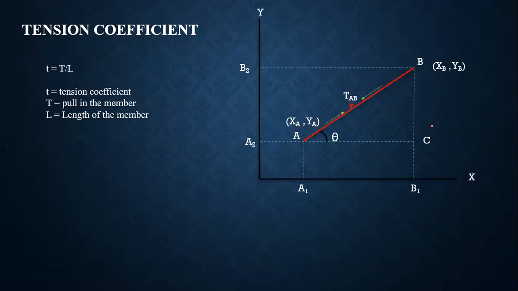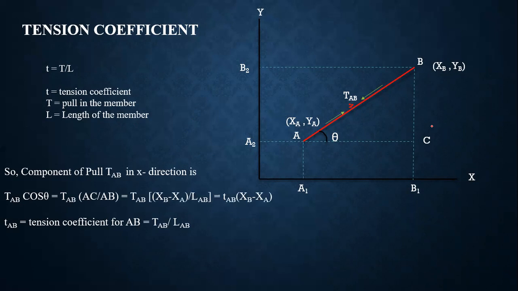So the component of pull TAB in the direction of X will be TAB cos theta, and cos theta will be AC upon AB. So it will be TAB bracket AC upon AB, and AC we can write as XB minus XA because A and C are in the same plane.